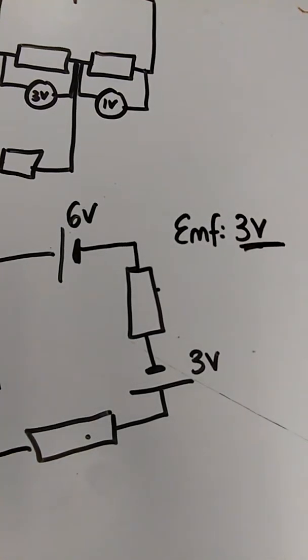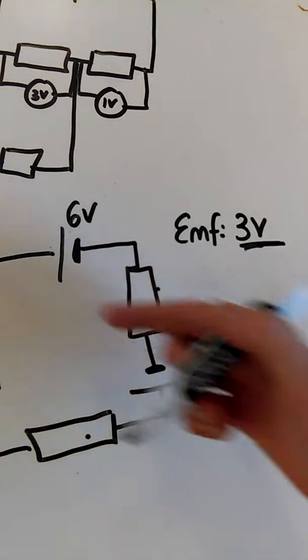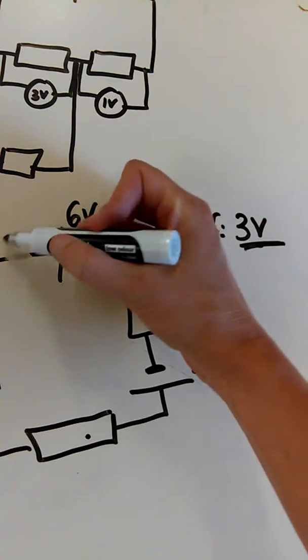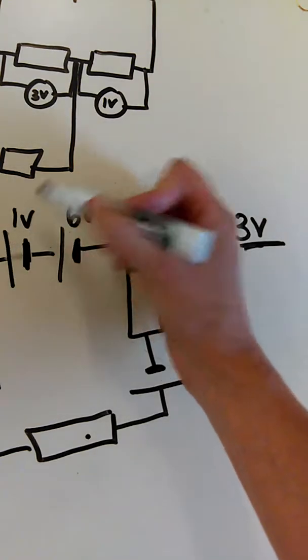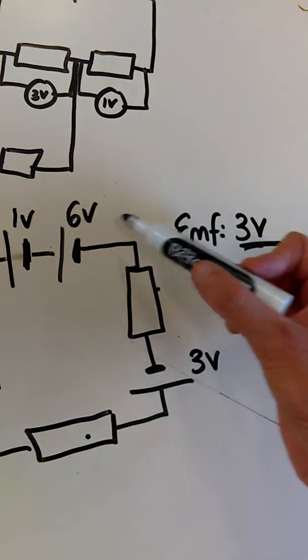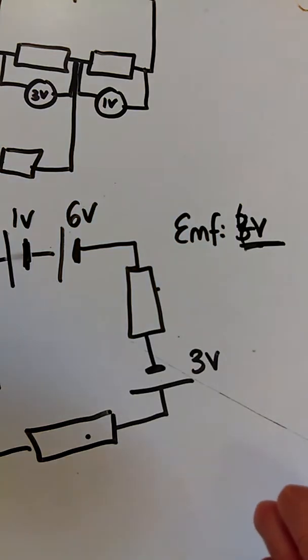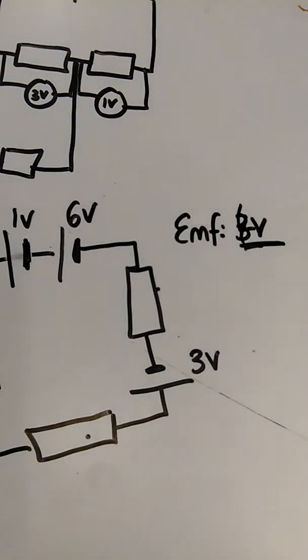So make sure if we're using more than one source of EMF, have a look at the direction it's going in. If I added another source of EMF there of 1 volt, then I'd do 1 volt plus 6 volts because they're around the same way. But then I'd have to take off the 3 volts, which would give me an EMF of 4 volts. So make sure with several sources of EMF in a loop, you add and subtract as necessary.